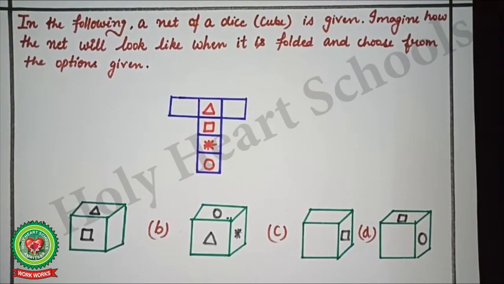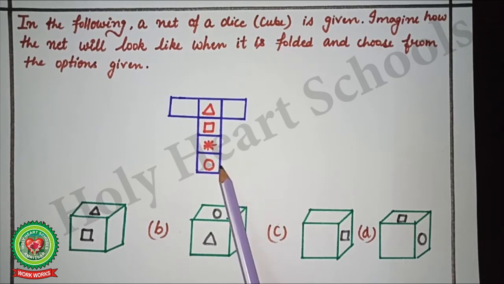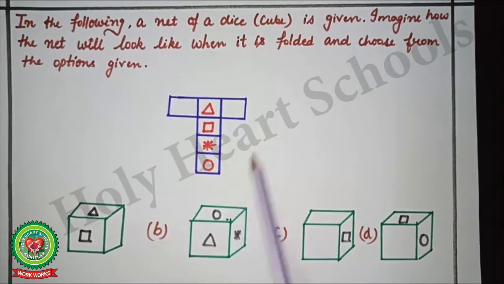So now students, you can see in this example a die in this form. That means we have an open dice. Earlier we were doing dice in which two dice were given to us, or a closed die was there. But now we are given a question in which there is an open die.